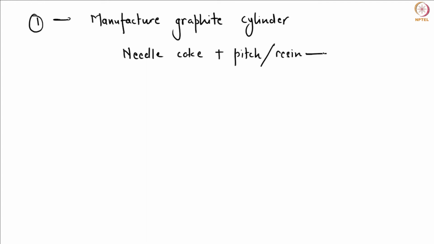So this you can see in the needle coke lecture. You will first heat treat it at lower temperatures, say 1000 degrees, and then you will have to perform the pore filling operations, and finally you have to go to very high temperatures, let's say 2600 degrees Celsius, for getting the graphitization.